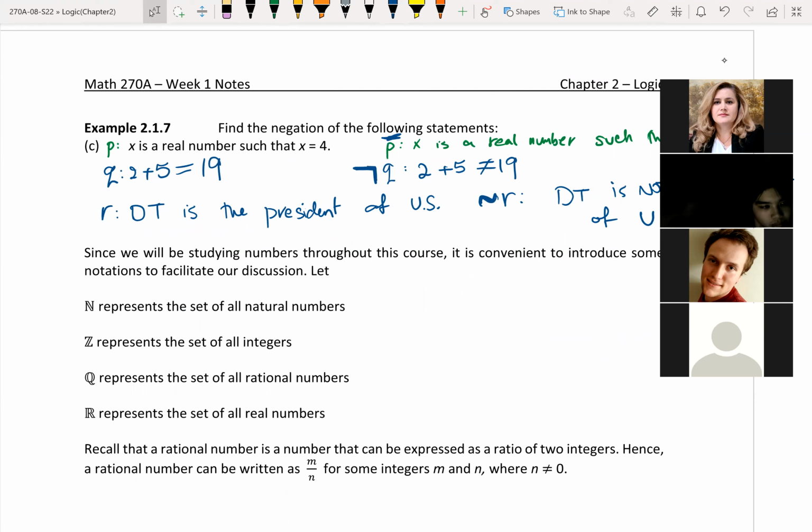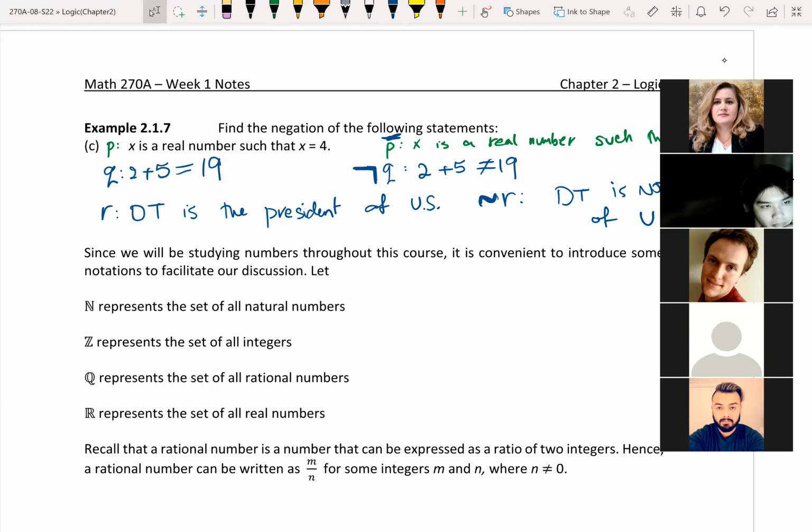How do you put negation in your computer science? Yeah, an exclamation mark in front, for not. If it was P, then you'd have an exclamation mark in front, and then it would be not P. Hamad put it in the chat.